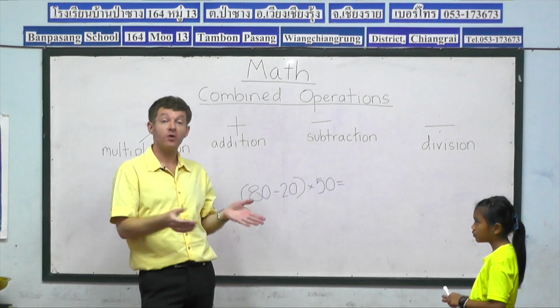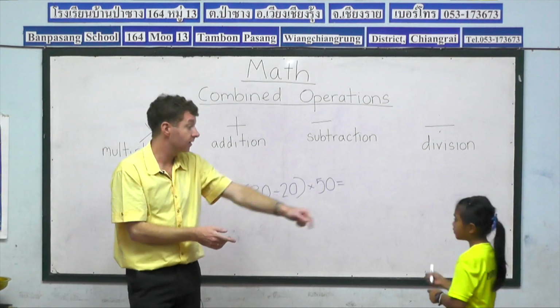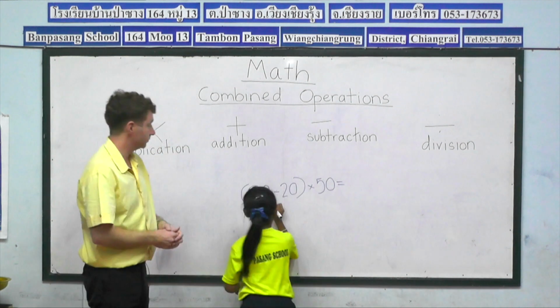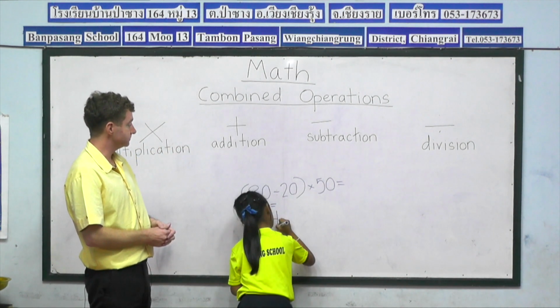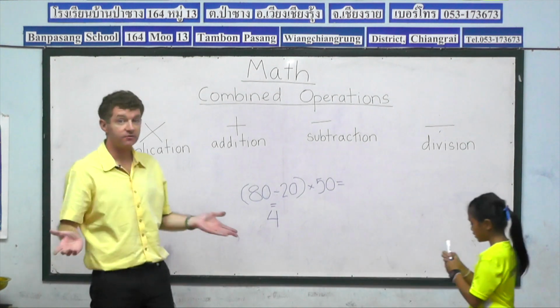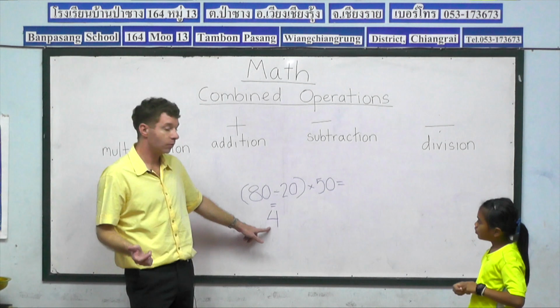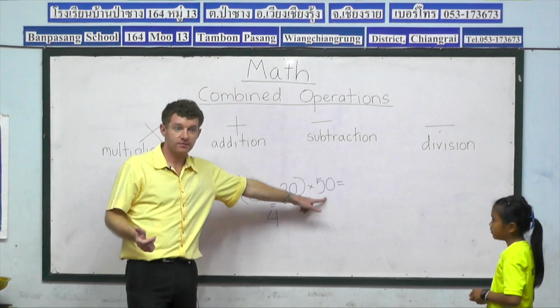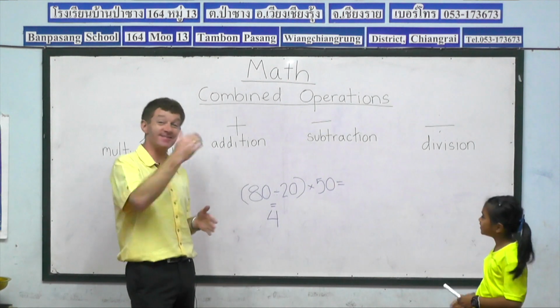It's just 4. So it's the same, 80 divided by 20 equals 4. So we write 4 underneath. Excellent. Are we finished? No. What's our next calculation?